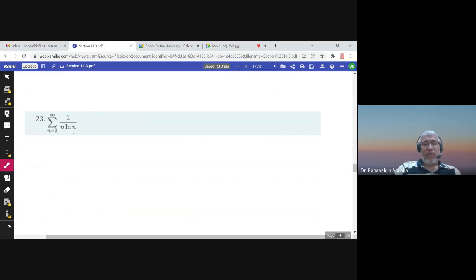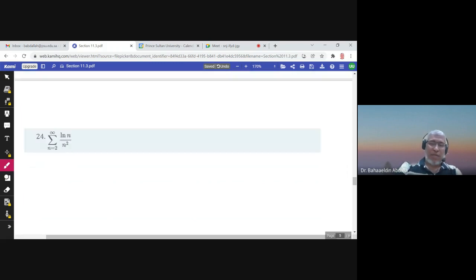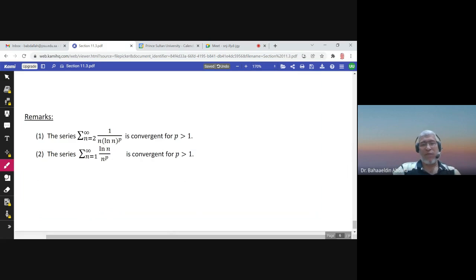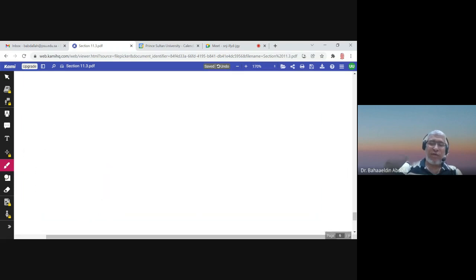Here, if you remember, this is written in this form. So it's one of these series. It is 1 over n ln n, where p is 1. So I know that it is divergent, but I need to prove it, and I know that I have to use the integral test here.